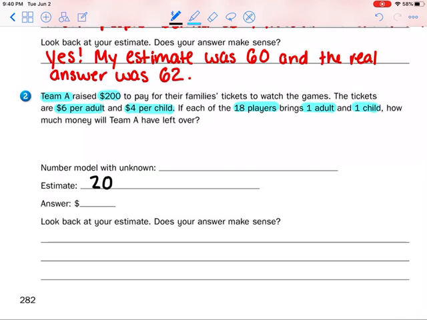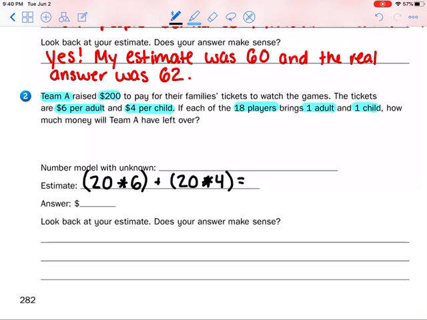And if each of them brings an adult, I'm going to do 20 times 6 in parentheses. Plus, if each of those 20 players brings one child, it's $4 a child. So you have to do 20 times 4. And then you are going to have to add those.